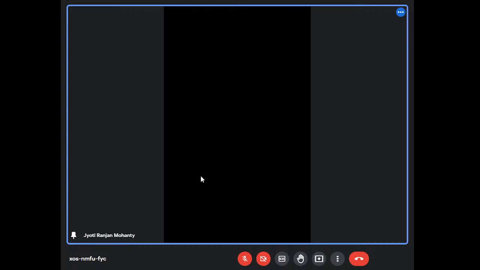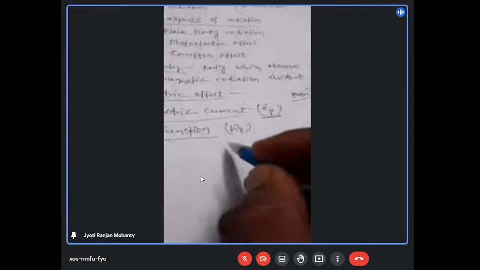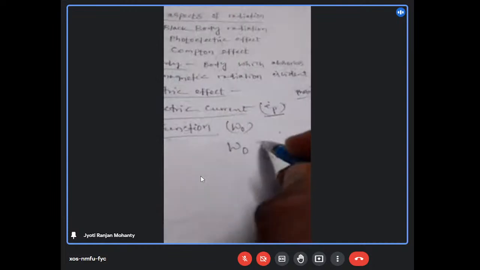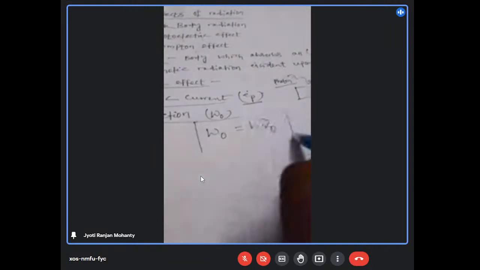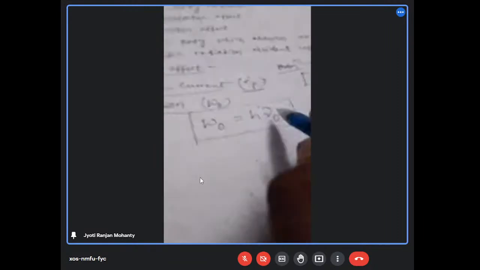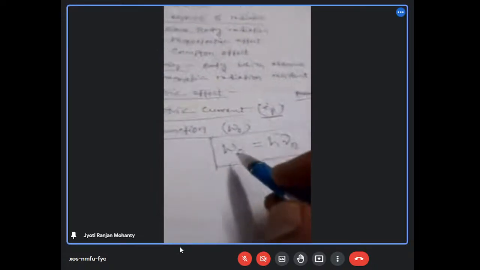So this work function formula is W0 equals h times nu 0. What is nu 0? Who can say? Threshold frequency. Yes, very good.